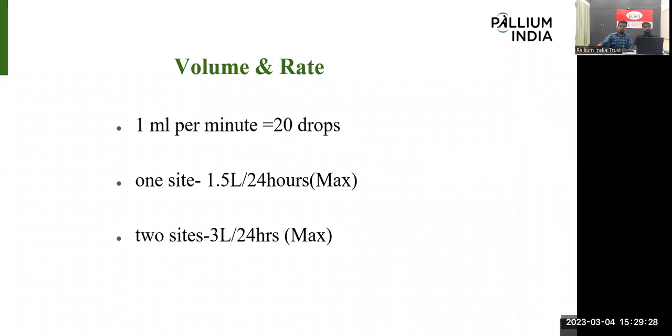In the initial slide I already said a maximum of 3 liters of fluid can be given within 1 day, or 24 hours. Now we can discuss in detail. On one side we can give a maximum of 1.5 liters, or 3 pints, within 24 hours.